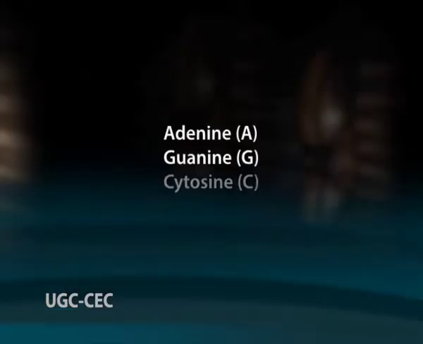Nirenberg and Heinrich Matthaei, a postdoctoral fellow from Germany, began their experiments by studying DNA and RNA molecules. In DNA, the nucleotides are adenine, guanine, cytosine and thymine. In RNA, uracil replaces thymine, the basic molecular unit that are strung together to form long linear molecules of DNA and RNA.